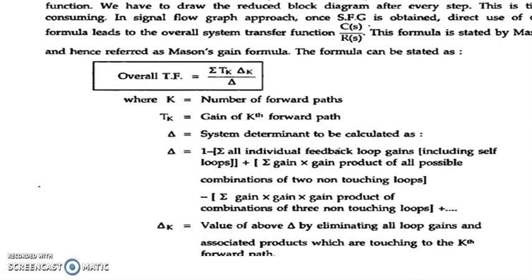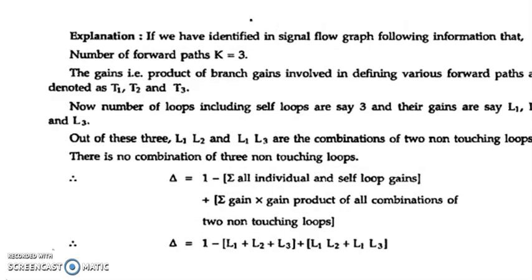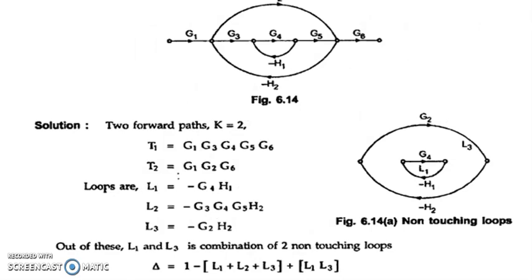And delta k is the value of delta obtained by eliminating all loop gains and associated products which are touching the kth forward path. So this we can understand using one of the examples.